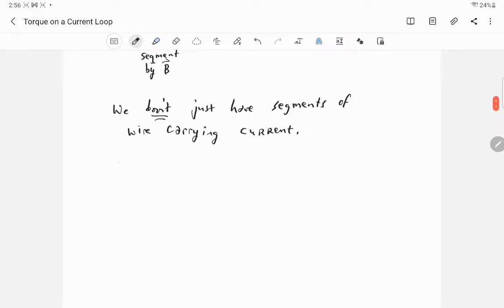What we have is current loops, because if you look at the word circuit, like electric circuit, it's sort of indicative of cycle or circle. So what we really have is current loops.